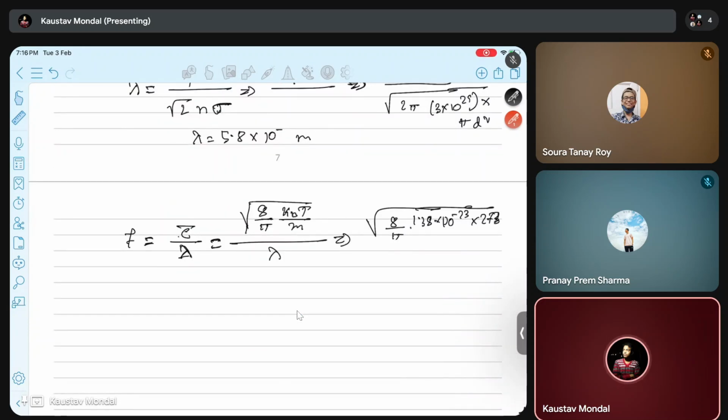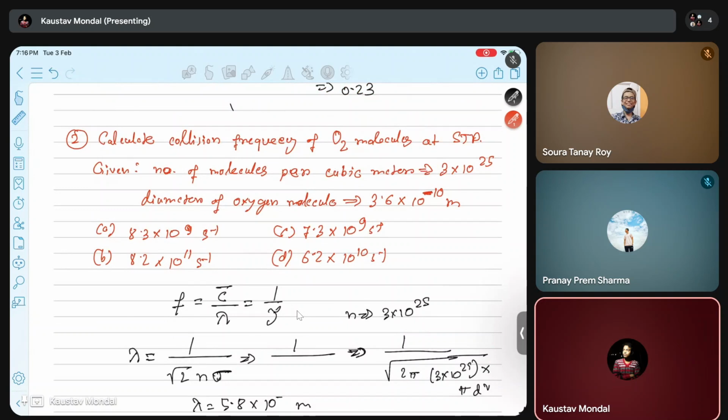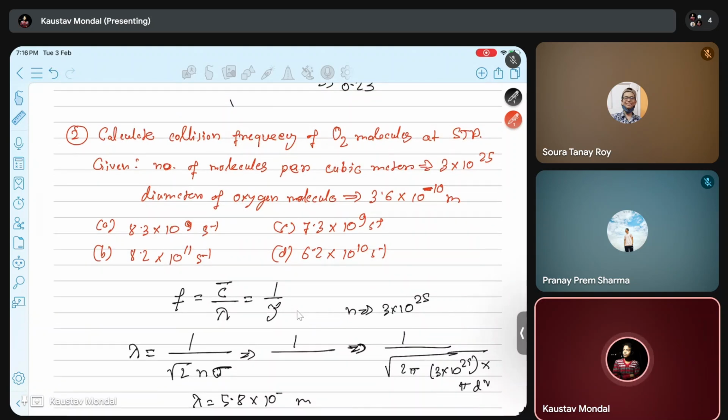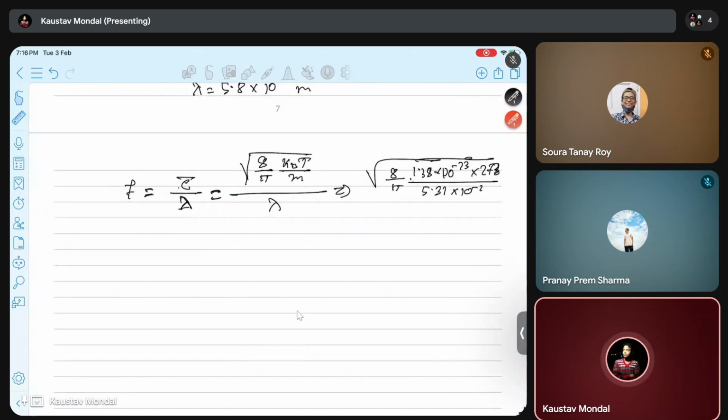The mass of the oxygen molecule is required anyway, the question should mention it. So it's 5.31 into 10 to the power minus 26, by lambda 5.8 into 10 to the power minus 8. Now if you calculate this frequency, it gives you 7.3 into 10 to the power 9 second inverse.